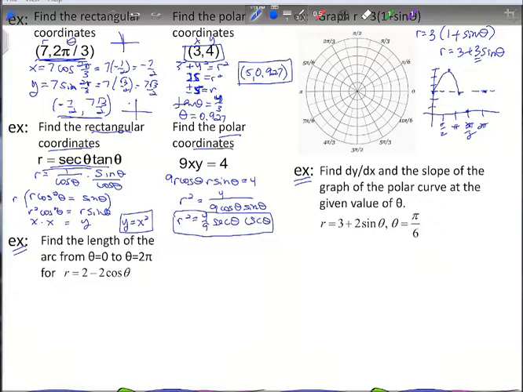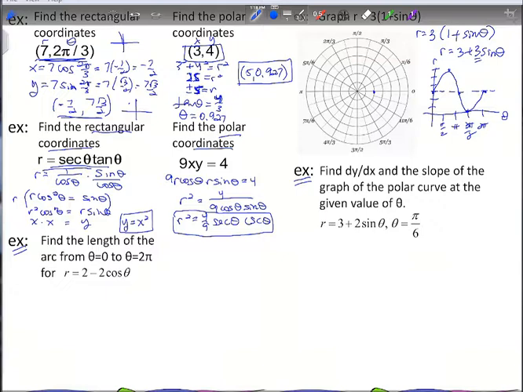So it kind of looks like this. Now I'm going to use these values as my theta values, and these would be my r values. So I'm going to go to theta measure of 0 and an r value of 3, and plot my point.